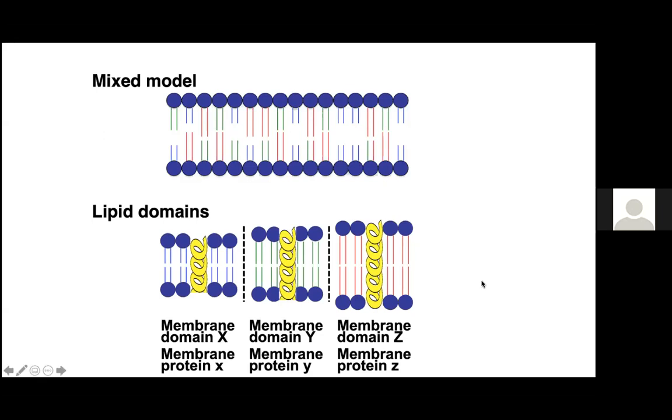Thus, each glycerophospholipid species may form a lipid domain on the cell membrane rather than existing in a random manner, as in the mixed model shown in this slide. The molecular species of glycerophospholipids may define the membrane proteins that accumulate in each domain. Thus, understanding the diversity of glycerophospholipids is considered to be a major theme in lipid biology.